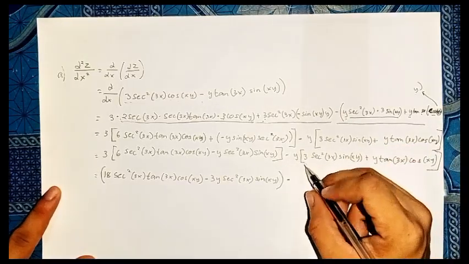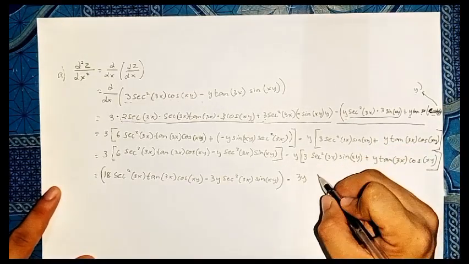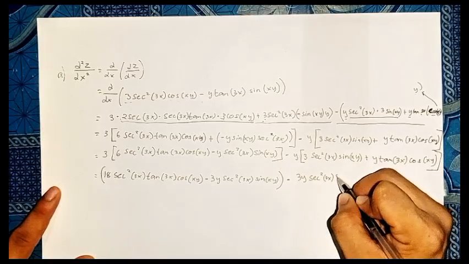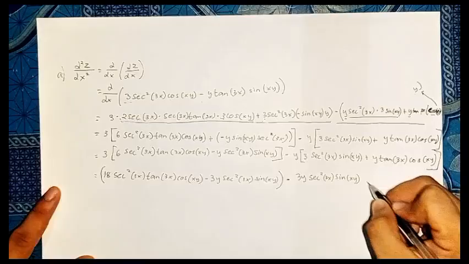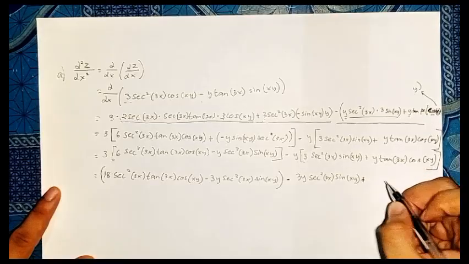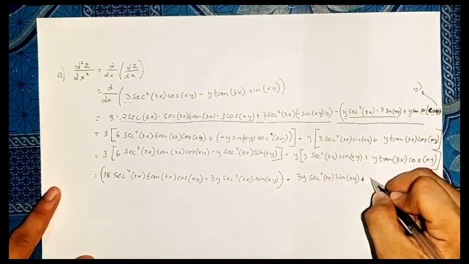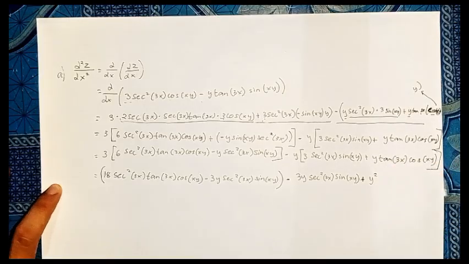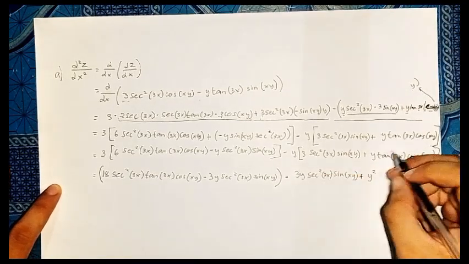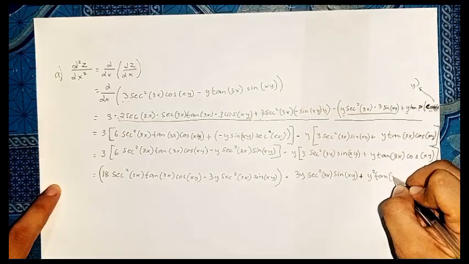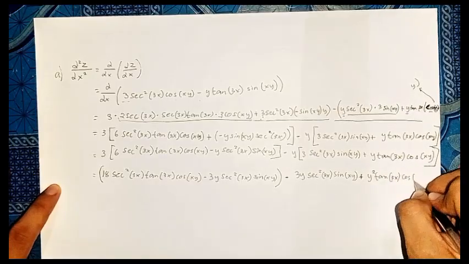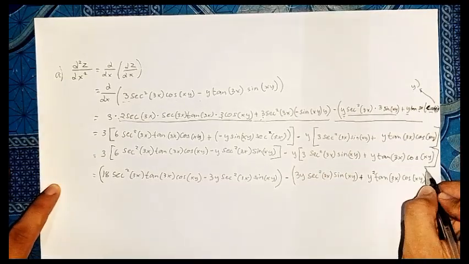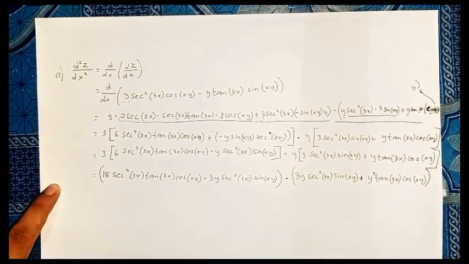So, y times 3 is 3y secant squared 3x sine xy plus y times y, we have y squared tan 3x cosine xy. Then, this is not yet distributed, because we used plus, so this is not yet distributed.